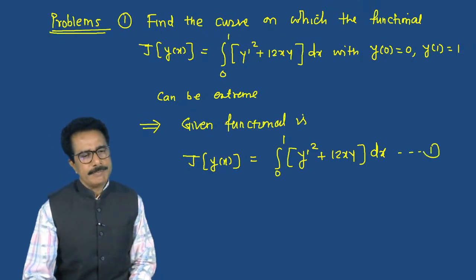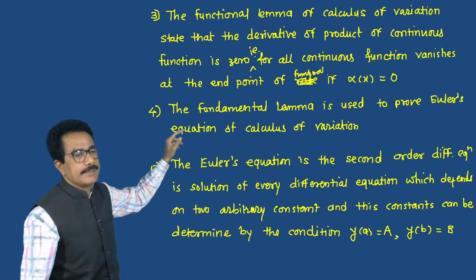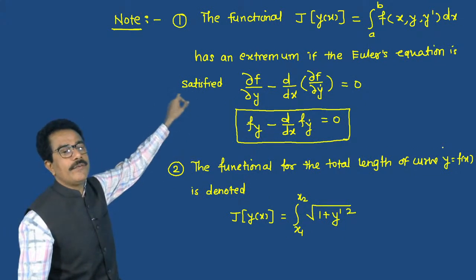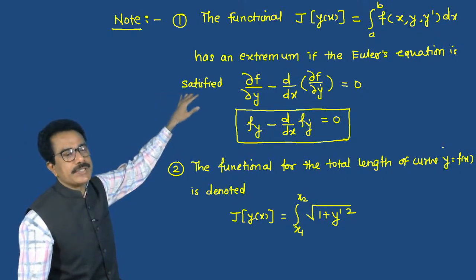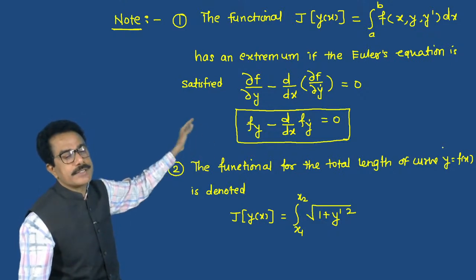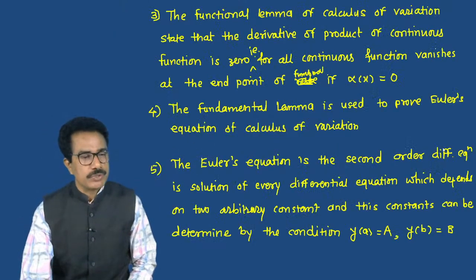Suppose this is equation 1, and you know that the condition for the functional J of y of x equal to the integral from a to b of f of x comma y comma y dash dx is f suffix y minus d by dx of f suffix y dash equals 0.